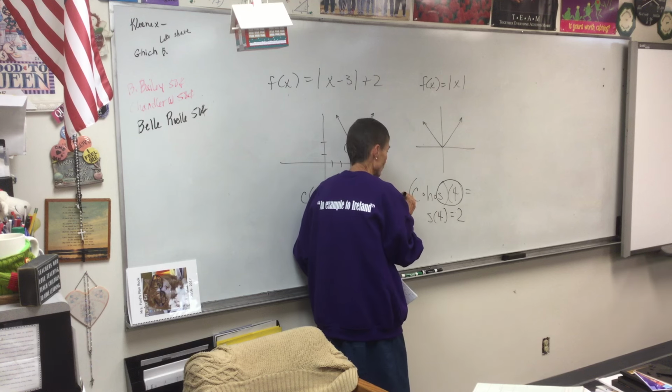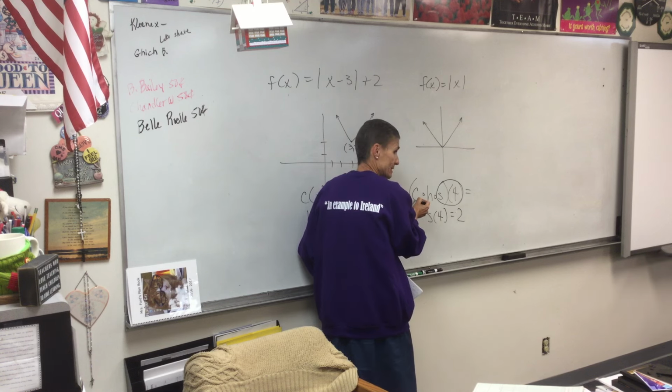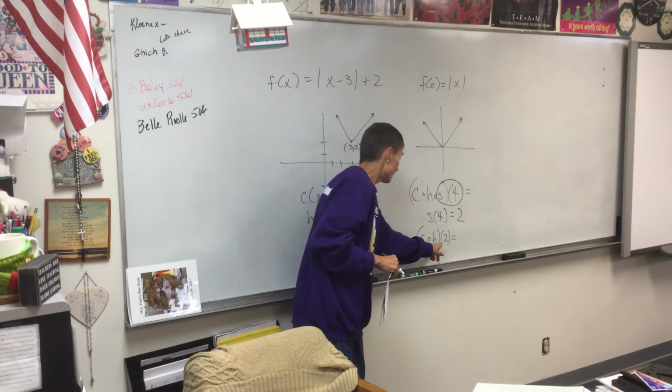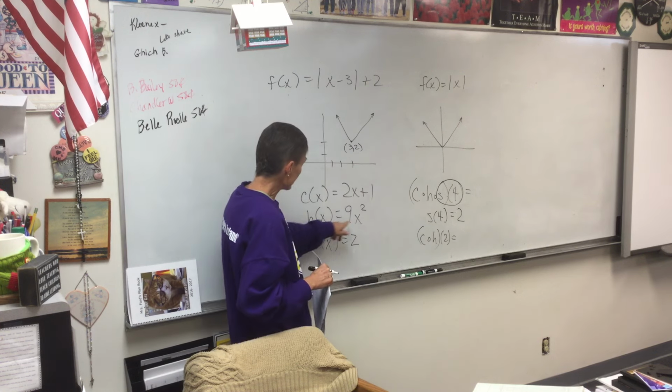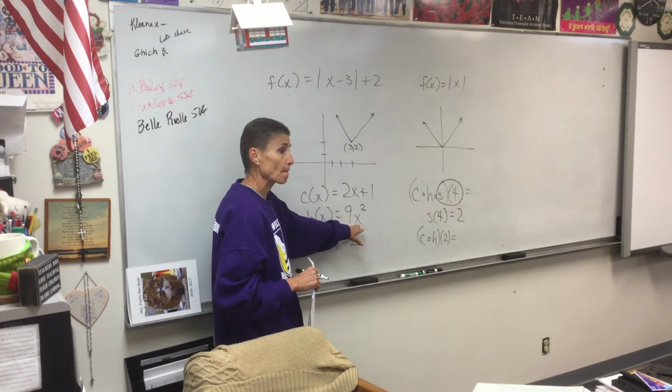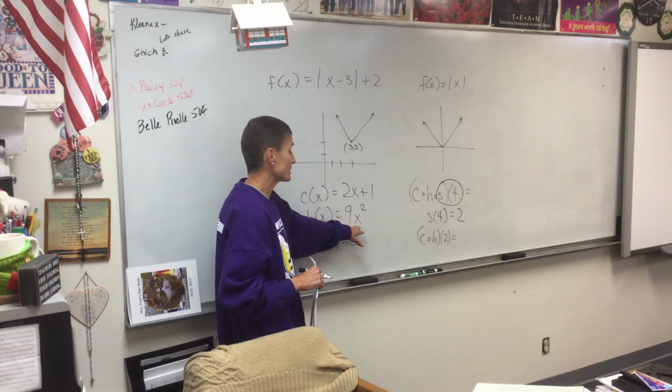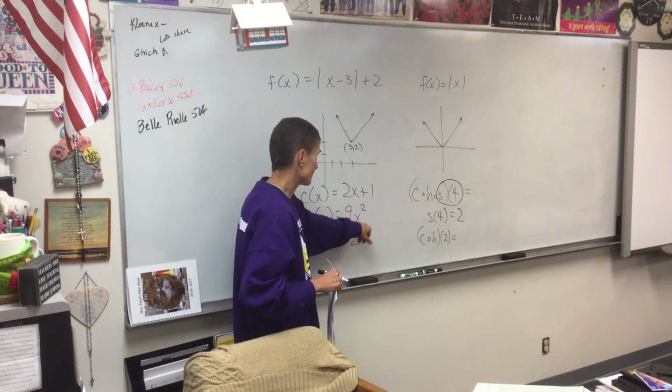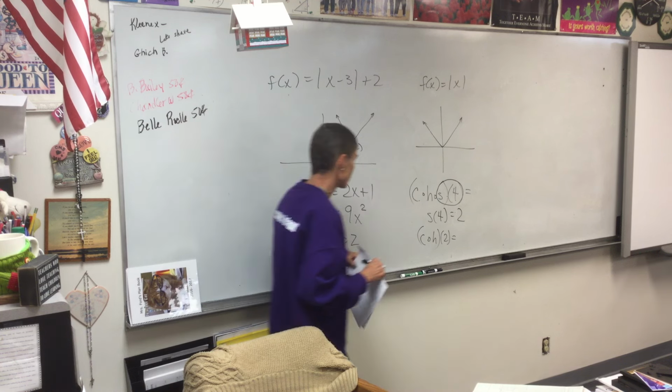So this part of the problem, S of 4, is 2. So now what are we doing? Now we're finding C of H of 2. What's H of 2? Watch your order of operations. 9 times 2 squared, that's 4. 9 times 4 is 36.